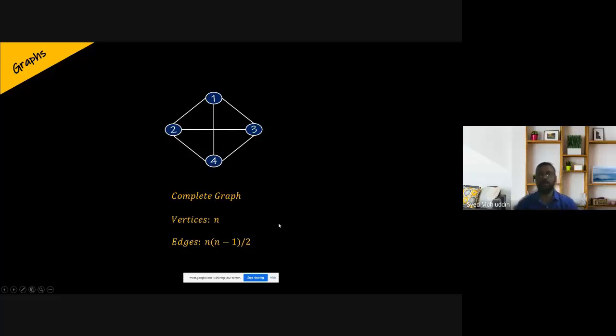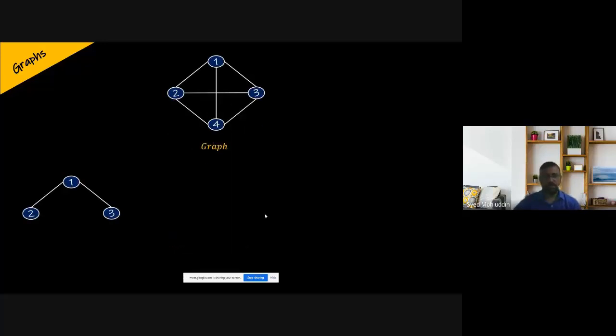This is how we mathematically represent it. There are 4 vertices here, so n is 4. So 4 multiplied by 4 minus 1, which is 3. So 4 into 3 is 12. 12 by 2 is 6. You can find that this graph has 6 edges. So any graph with n vertices having n into n minus 1 by 2 edges is known as a complete graph.